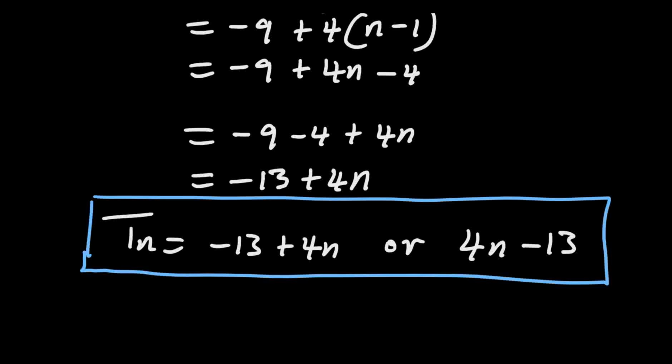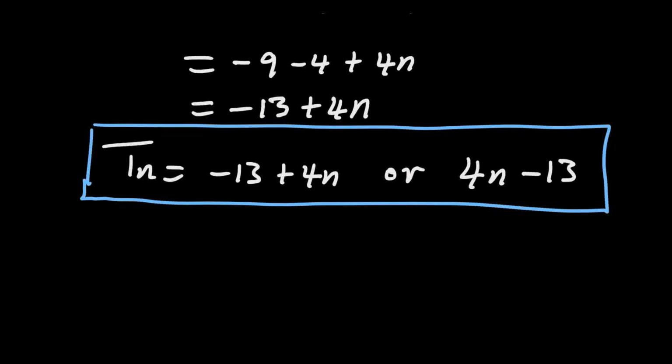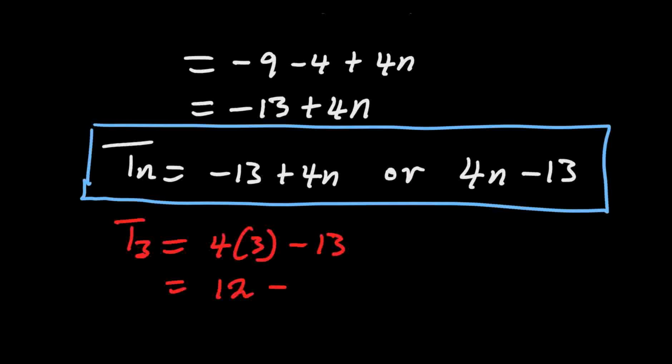The third term, T3, is equal to 4 times 3 minus 13. 4 times 3 is 12, and 12 minus 13 is equal to negative 1.